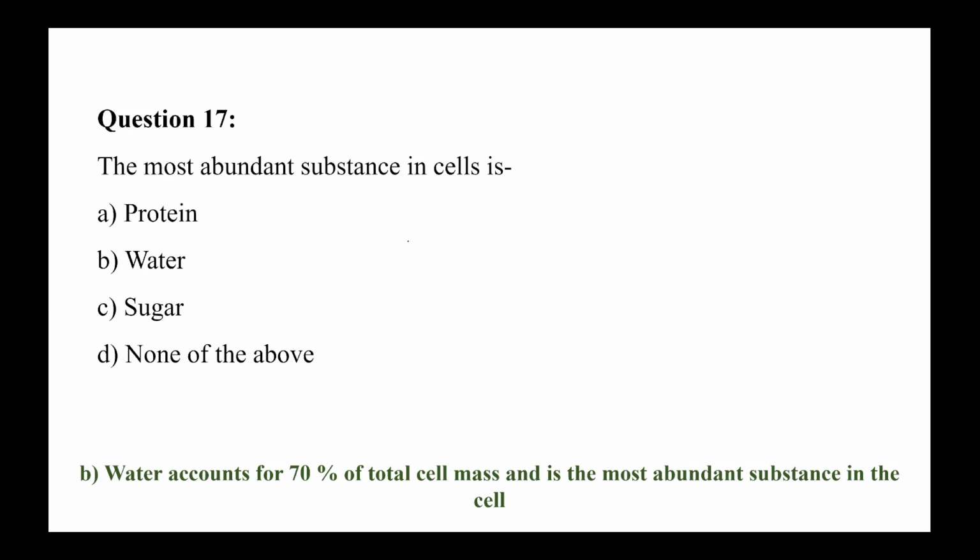So cell comprises of 70% water. Okay. So other than that, from this 30%, 55% has proteins and then rest other macromolecules and everything. But major substance in the cell is water. Okay.